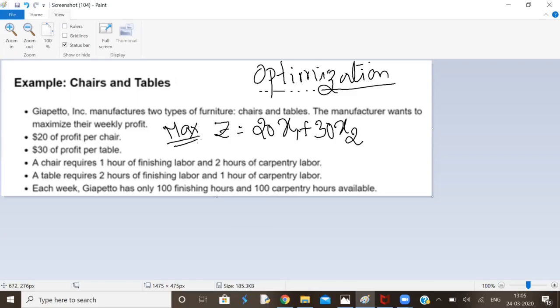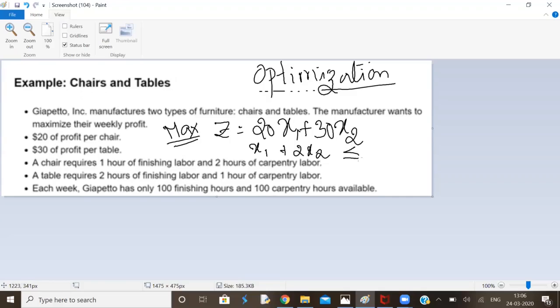This is called the objective function. Next, a chair requires 1 hour finishing labor and 2 hours carpentry labor. 1 hour finishing labor for a chair, 2 hours finishing labor for a table are required.